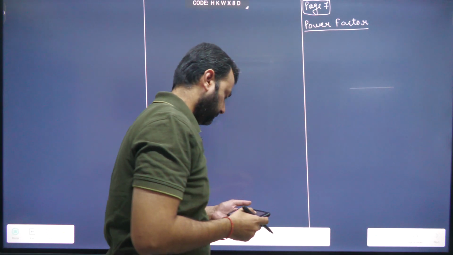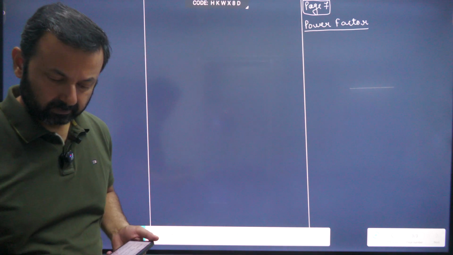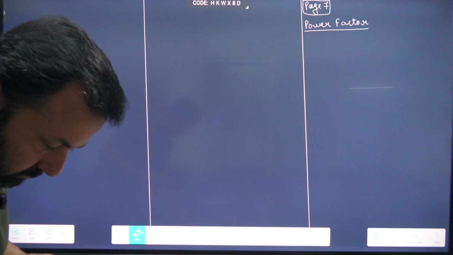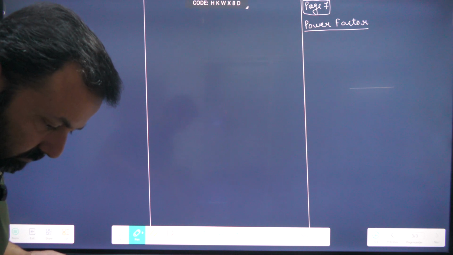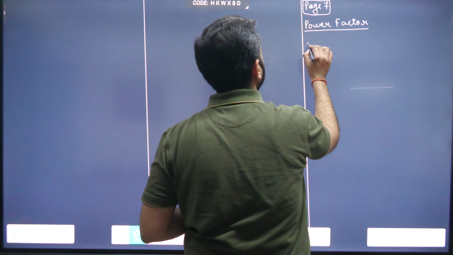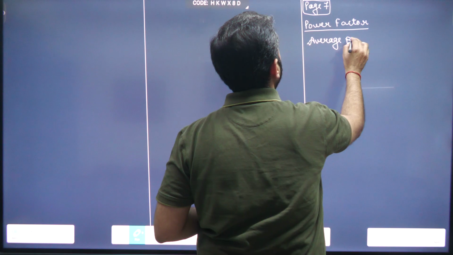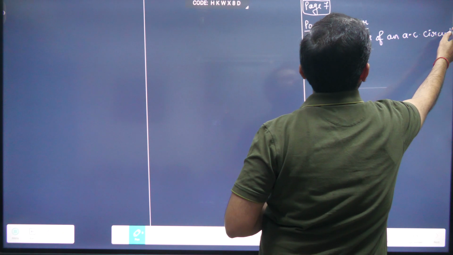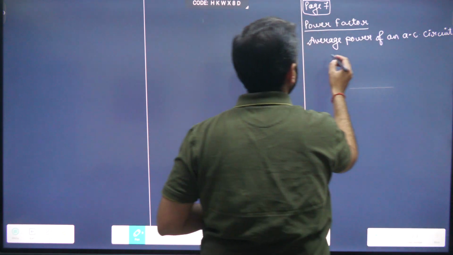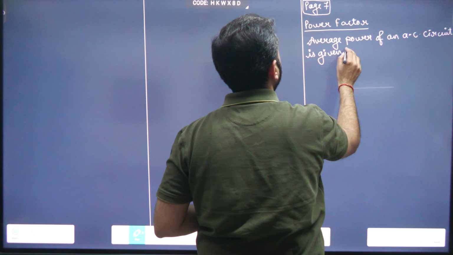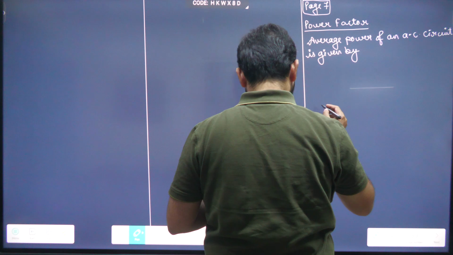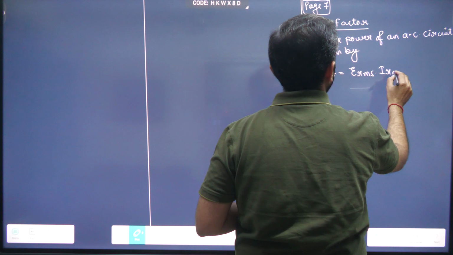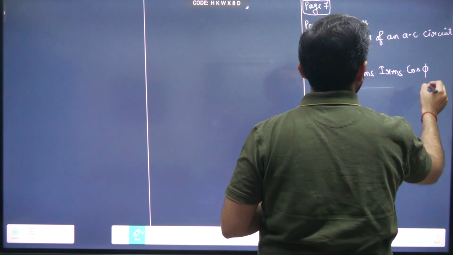Now the next topic is power factor. Average power of an AC circuit is given by P average is equal to ERMS into IRMS into cos phi.